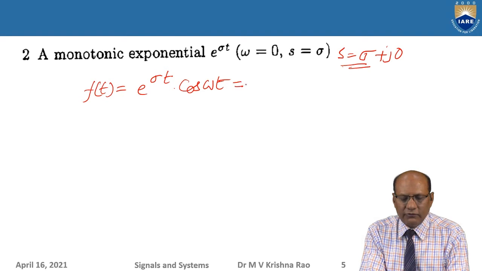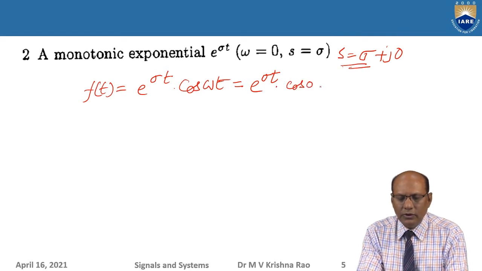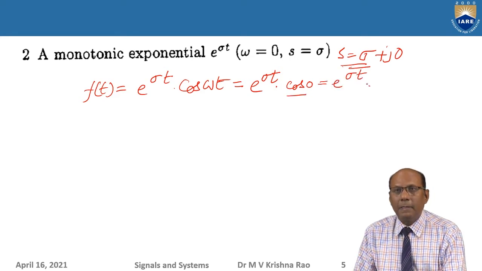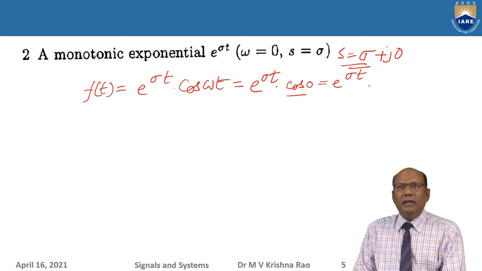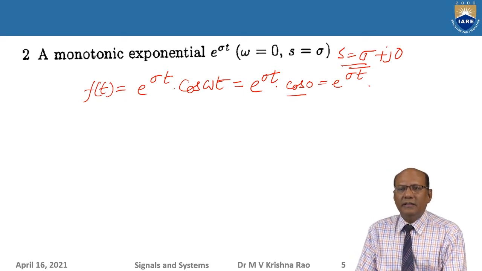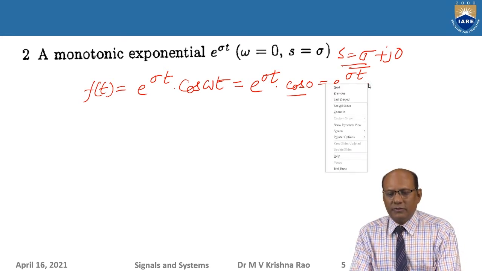When I make omega equal to 0, e to sigma is there. It is non-zero. E to the power of sigma t cos 0. Cos 0 means equal to unity. So, e to the power of sigma t. So, it is an exponential function now. There is no cos or sine. Without cos and sine, it is an exponential function.